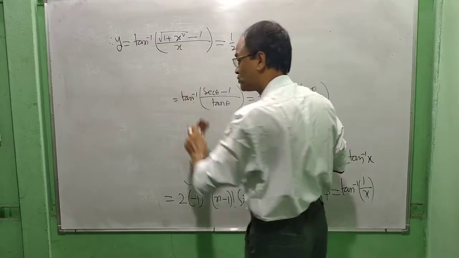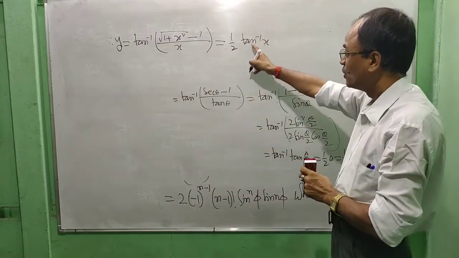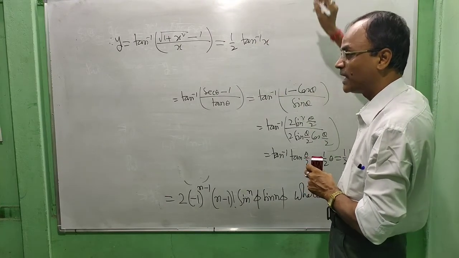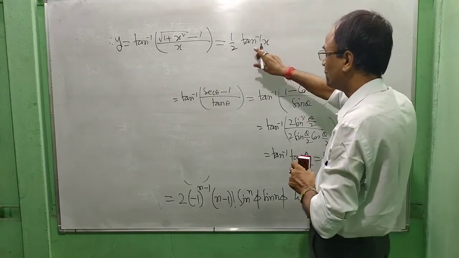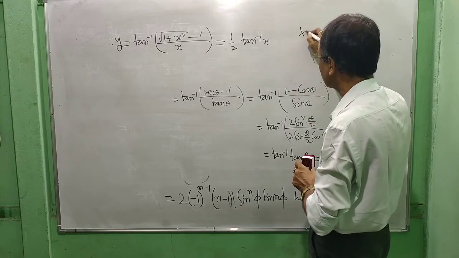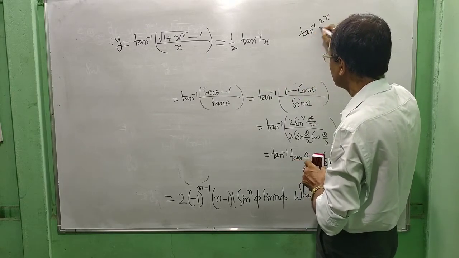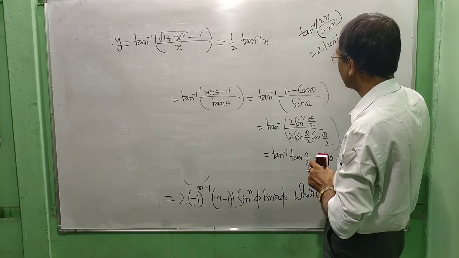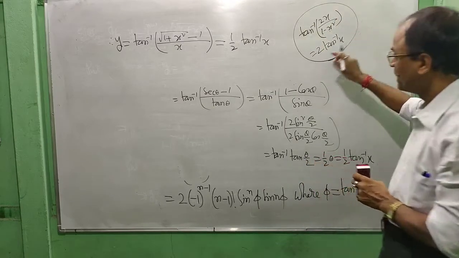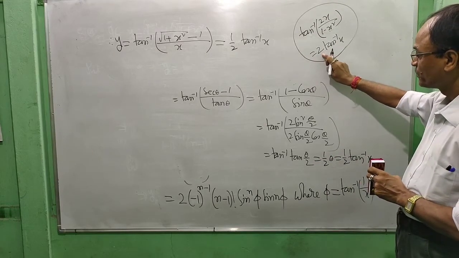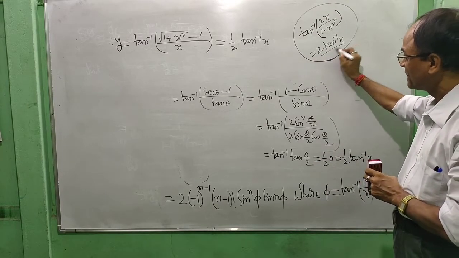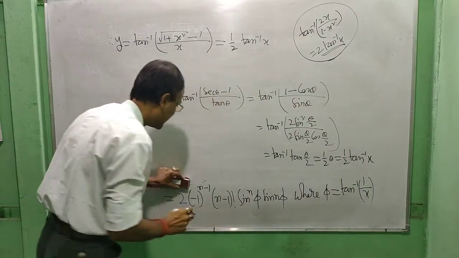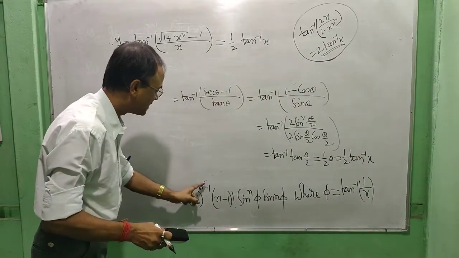In the previous question, we found the nth derivatives of tan inverse x. We found that tan inverse of twice x divided by 1 minus x square is equal to twice tan inverse x. In the previous example, we found the nth differentiation of this, and it will be 2 times of this one.